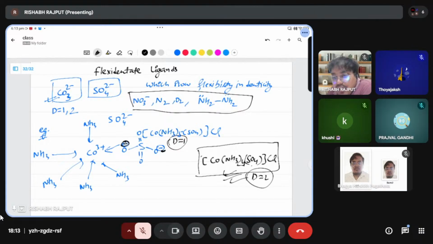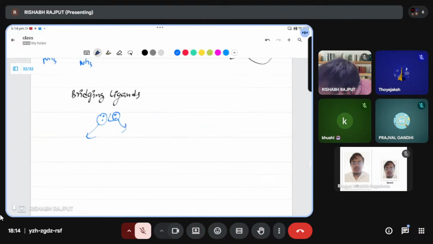Bridging ligands. Do you know the meaning of this? If a ligand has lone pairs, it will share two lone pairs with different metals at one time. So we call this a bridging ligand. Interaction of bridging ligands with metal ions, atoms.